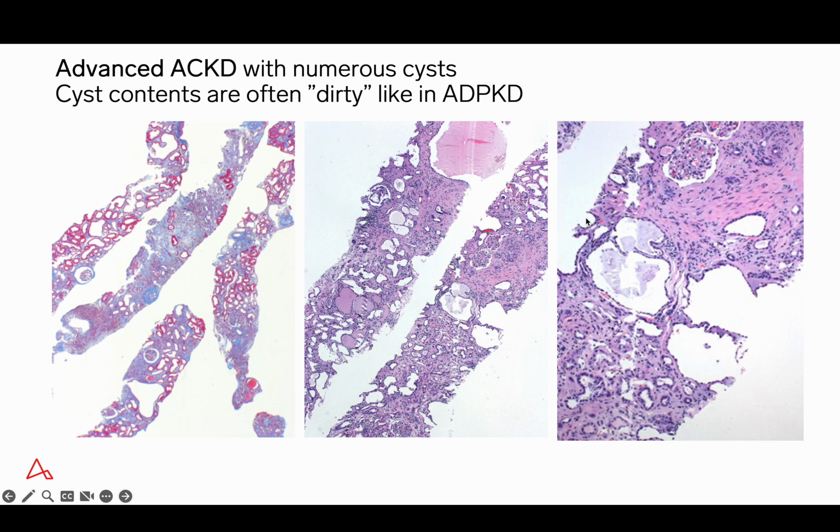The cysts in acquired cystic kidney disease will often have somewhat dirty contents like we see in autosomal dominant PKD. You can have proteinaceous debris, calcification, and sometimes hemorrhage.